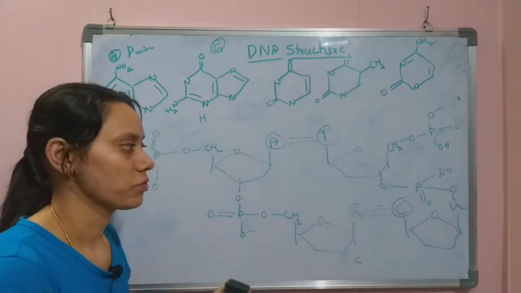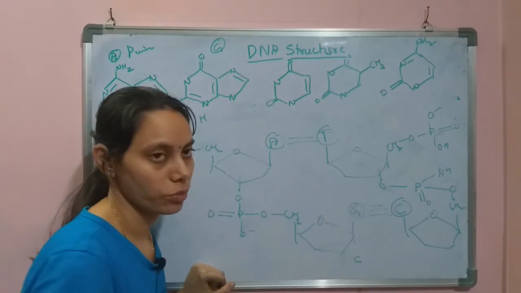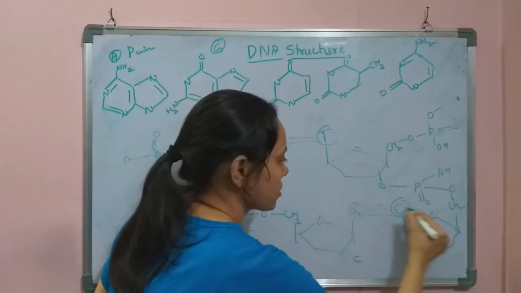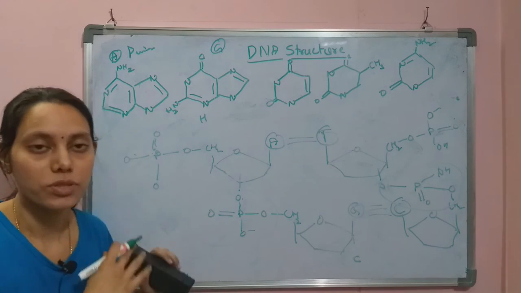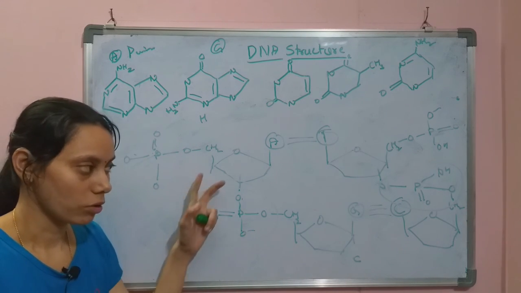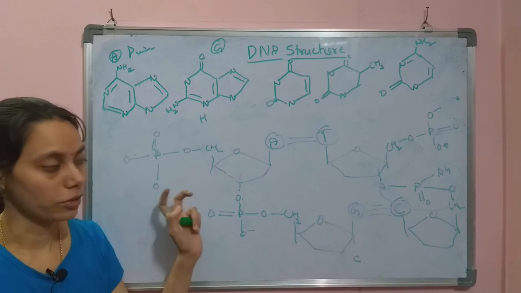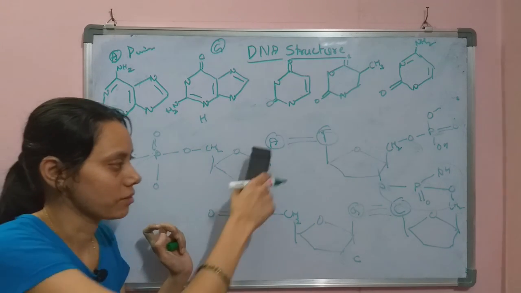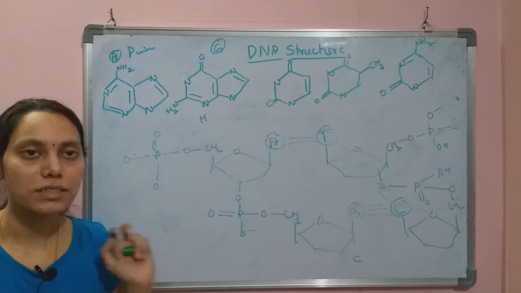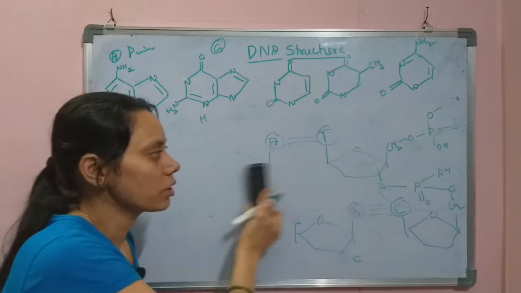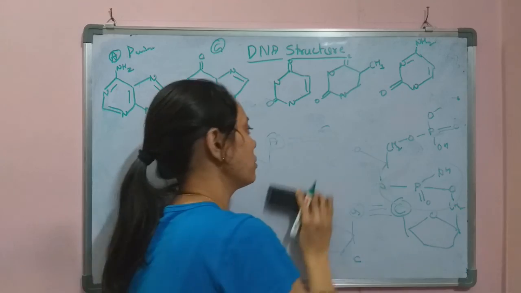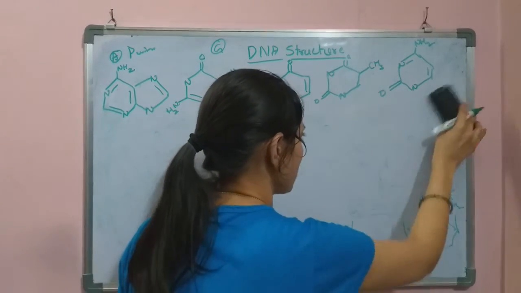So this is the phosphodiester bond between these two nucleotides, and this is the phosphodiester bond between two adjacent nucleotides on the opposite strand, and these are the hydrogen bonds. So this is how the DNA molecule is made up. There are nucleotides, there are deoxyribose sugars, and there are phosphoric acid molecules.